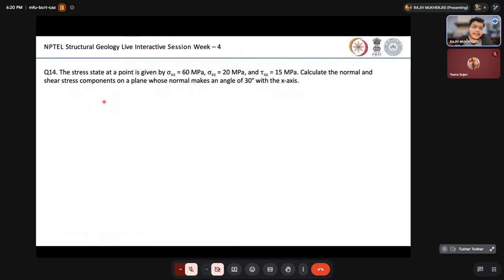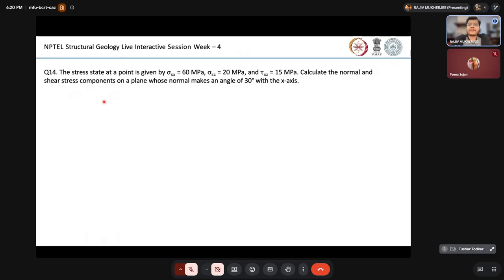the stress state at a point is given by 60 megapascal of sigma xx, sigma zz is 20 megapascal, and shear stress component sigma xz or tau xz is 15 megapascal.